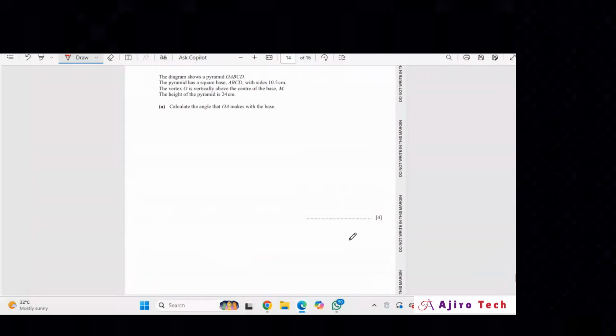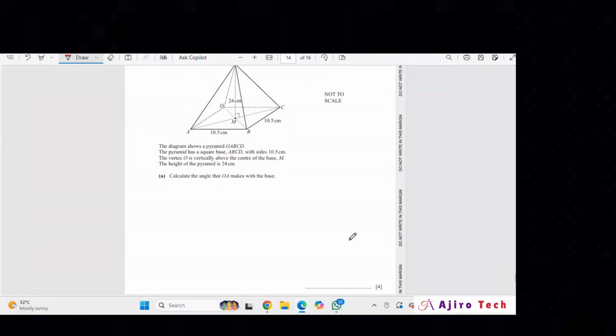So if you look at the next question here, this one is easy as well. The diagram is a pyramid with a square base, and the vertex O is vertically above the center of the base. The height of the pyramid is 24 centimeters.